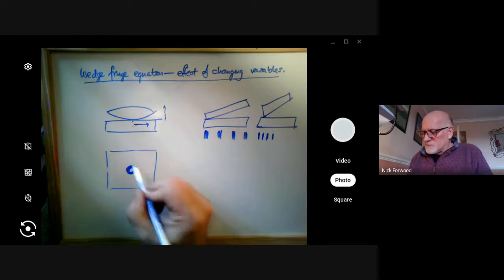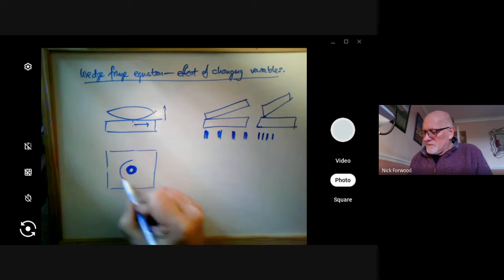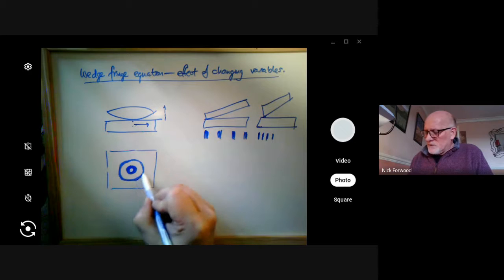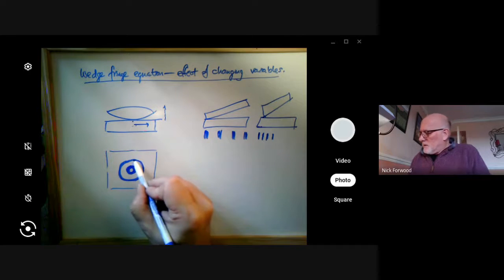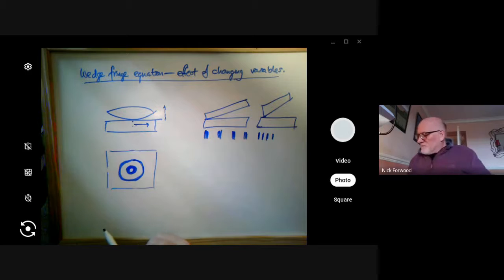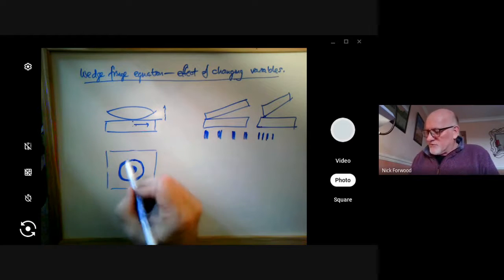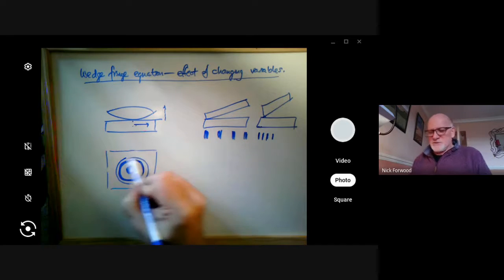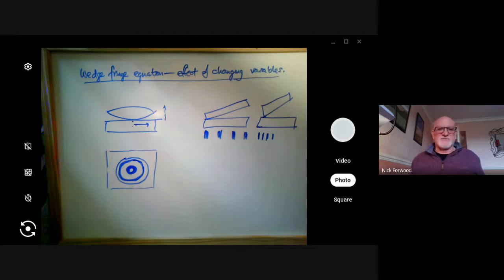So let's have the next one, which is about that sort of thick. Okay. And as we get further apart, this next ring is going to get closer and thinner. I think that's right.